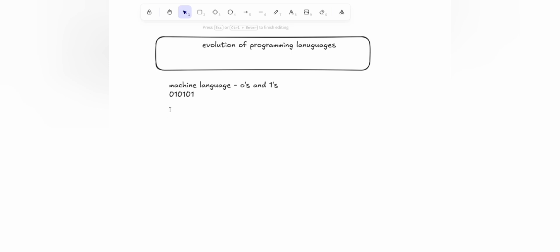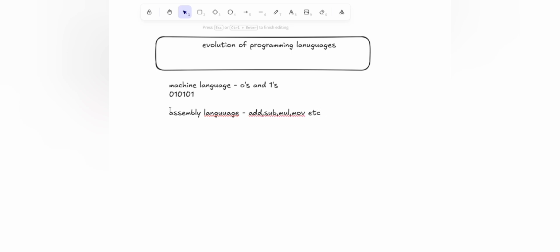This replaced binary instructions with symbols, like add, sub, mul, and so on. We have many others.